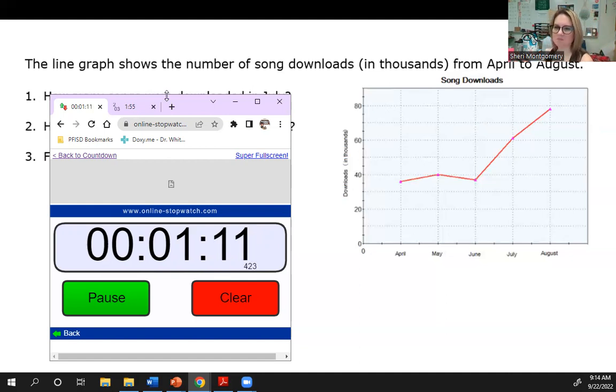For August, I say maybe 78-ish, I think.